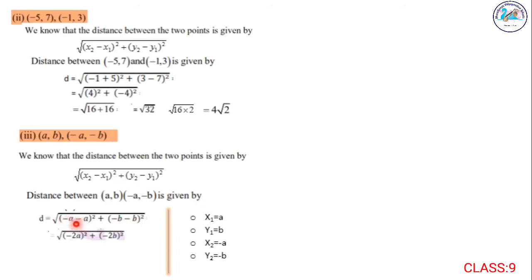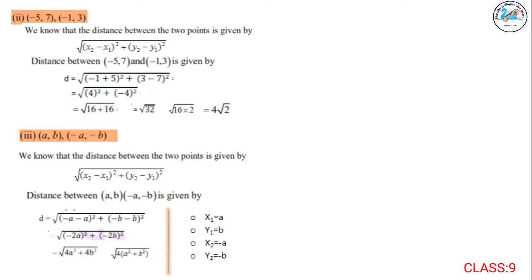Go for the calculation. Minus A minus A is minus 2A the whole square, plus minus B minus B is minus 2B the whole square. Minus 2A the whole square, minus square becomes plus, is 4A square, plus minus 2 square is 4, B square is B square, finally 4B square.